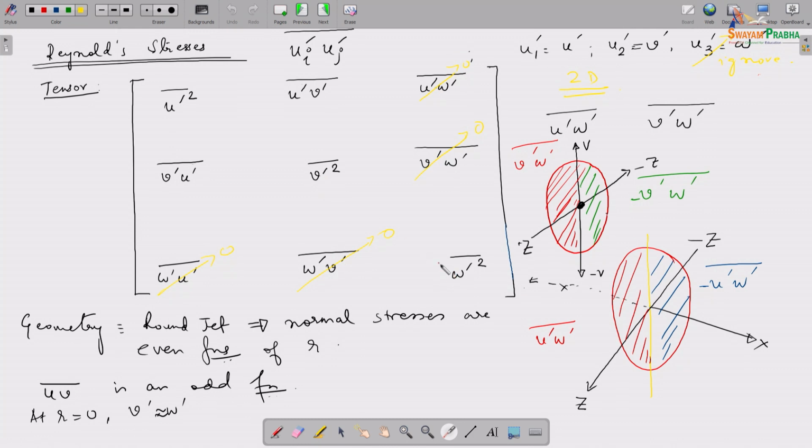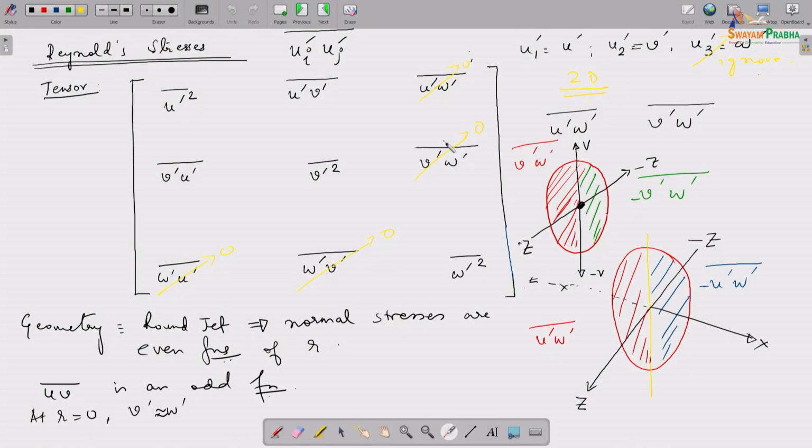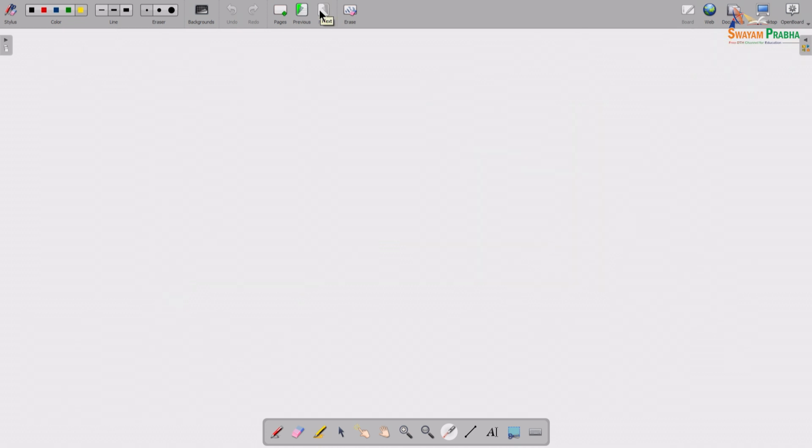So, therefore, we could not take this out, even though we have similarity, symmetry, and along the z axis there is nothing changing, but still we did not take this value out, whereas these are values that we were taking out. That is because at r is equal to 0, these two are not any different, and if you square them up, then these two become same. So, then this term is not indistinguishable.